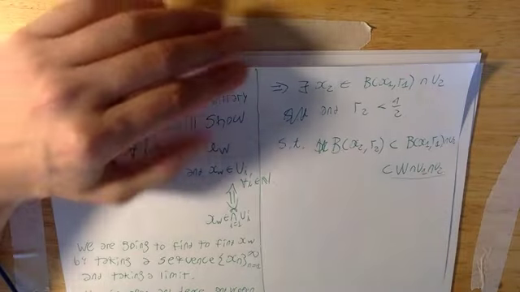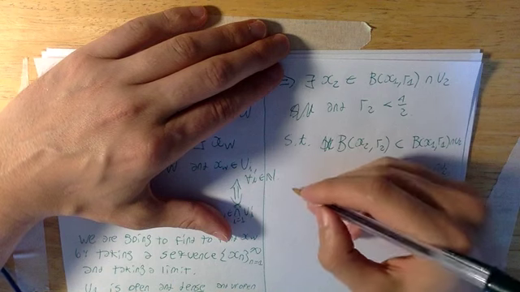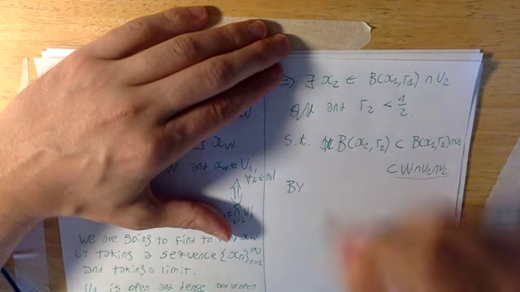This is a little funny, but to be able to do this, we need to use a weak version of the axiom of choice.